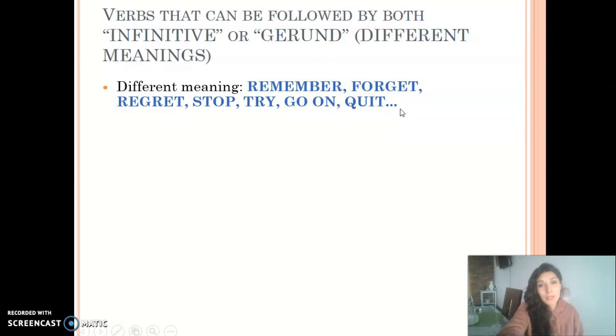The most important verbs that we frequently use are remember, forget, regret, stop, try, go on, and need. After these verbs we can use infinitives or gerunds, but they change the meaning according to the form of the object of the verb that we are using. I'm going to provide you some examples in order to understand better. Please pay attention, because you need to be aware of these differences.